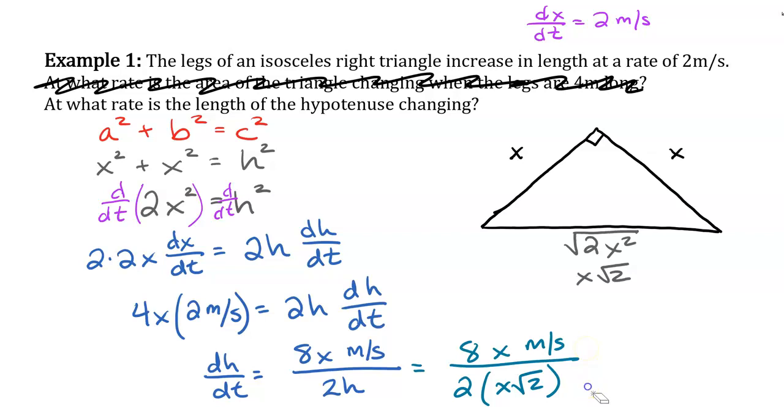Which would also be in meters, by the way. Okay, well, anything over itself cancels. So the x's would go away. So we would have 4 over the square root of 2 meters per second.